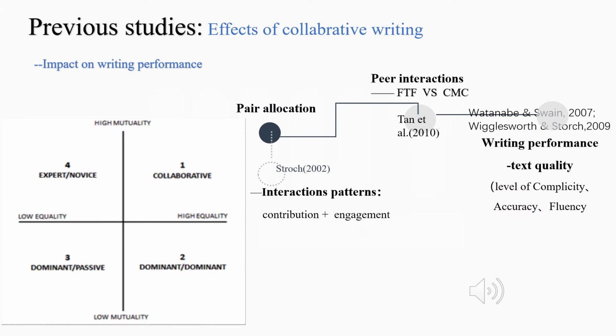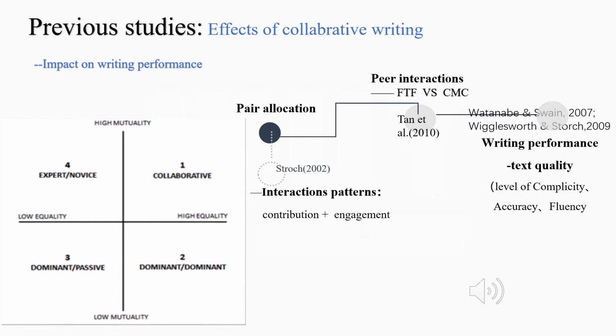Moreover, the author reviewed relevant studies on the effects of collaborative writing on writing performance. Here, I will briefly introduce the key concepts that will be involved in the author's subsequent study. In addition to general research on collaborative writing tasks and dialogue analysis, the author will look at 4 interaction patterns for pair allocation: collaborative, expert to novice, dominant to dominant, and dominant to passive models.